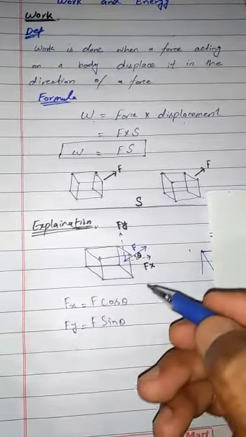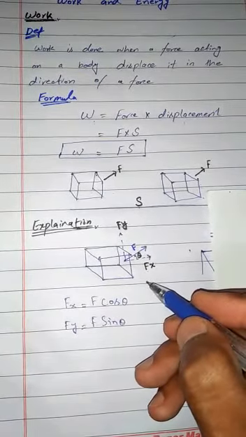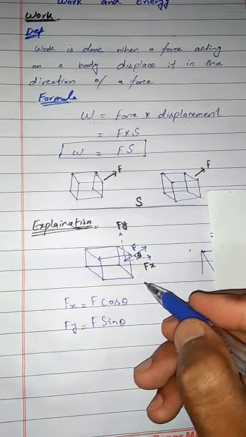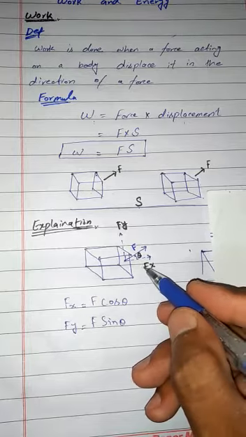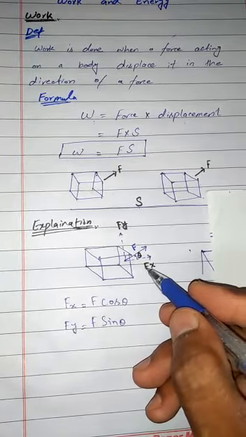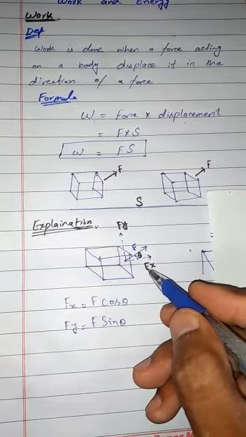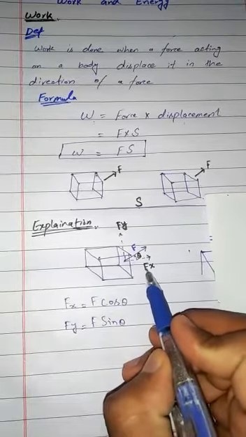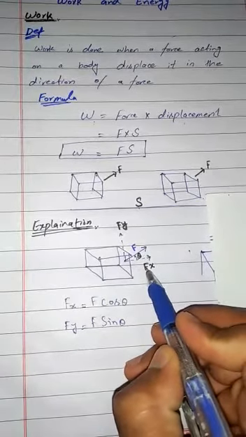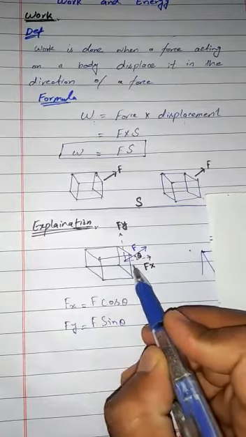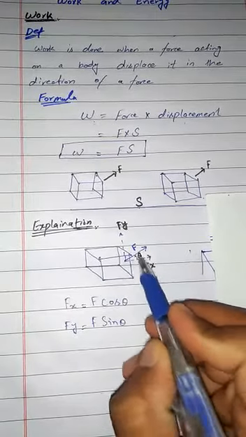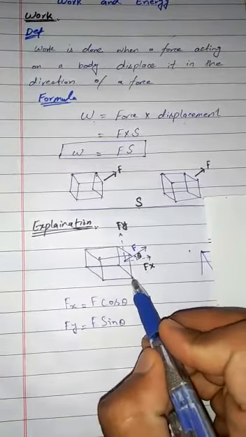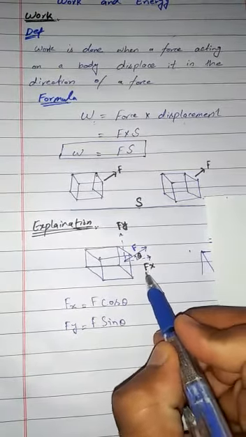When a force and displacement are not parallel, then only the x component Fx, parallel to the displacement, causes the body to move along the surface, and not the y component Fy. Here we can see that the force and the Fx component are both parallel. That means the displacement will be in this direction, and the work is done in this form.